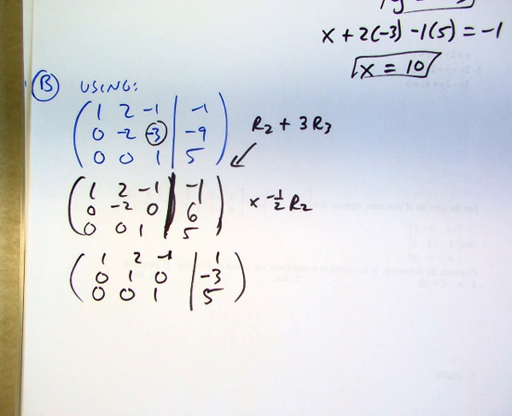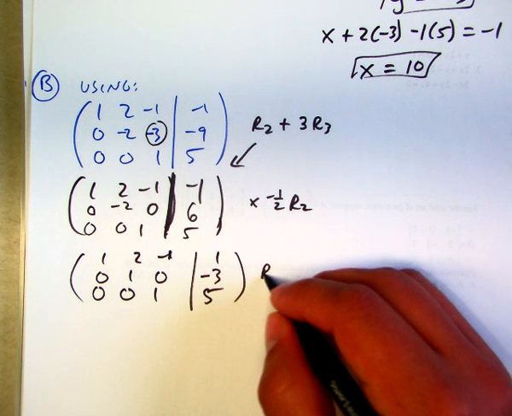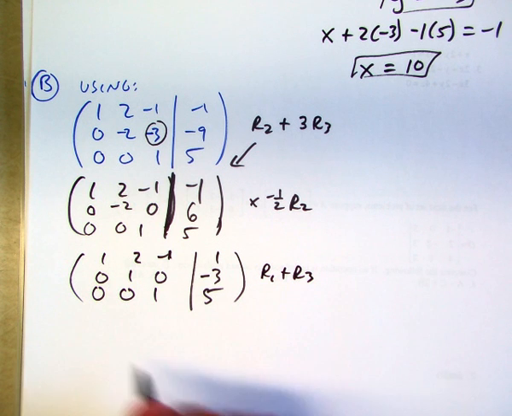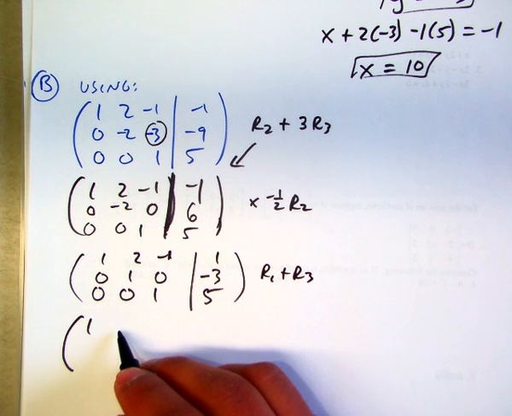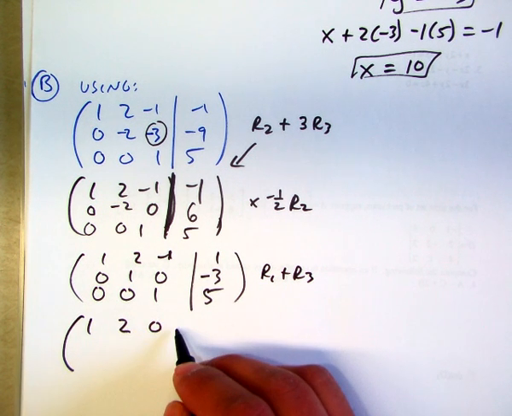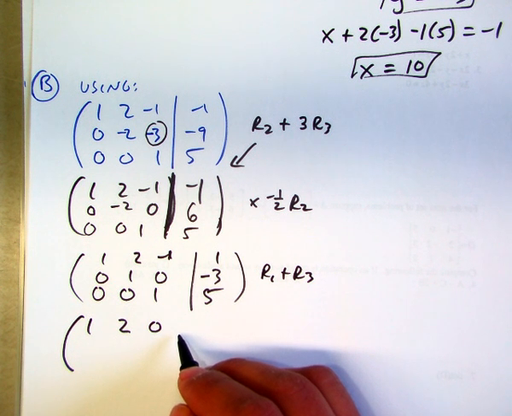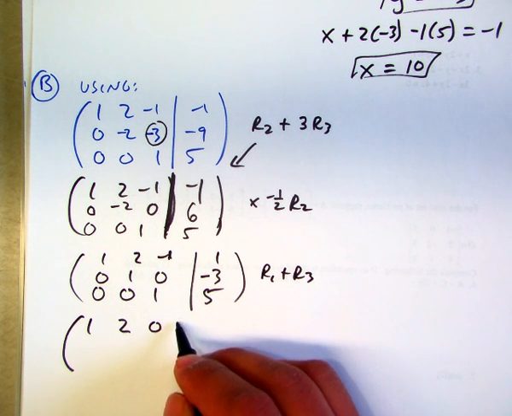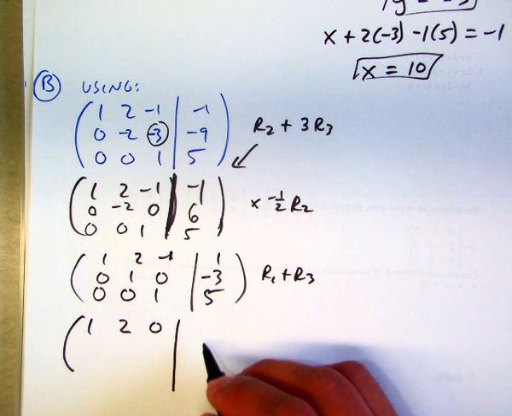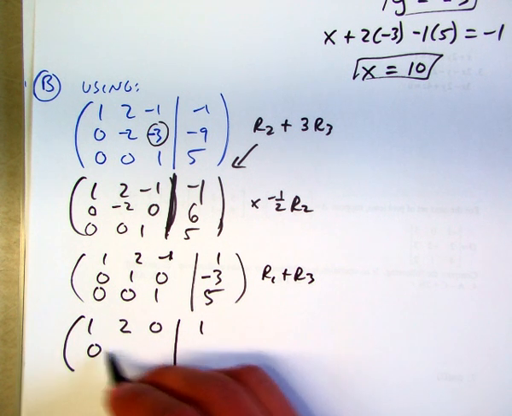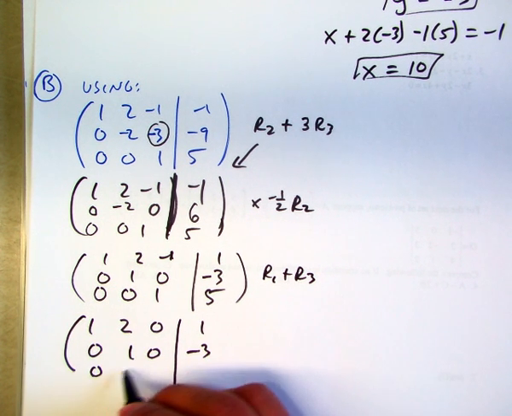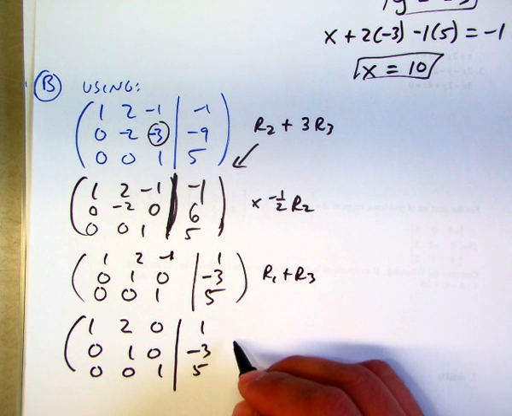So now, if I just simply do row 1 plus row 3, I get 1, 2, 0, and then 0, 1, 0, negative 3, 0, 0, 1, 5.